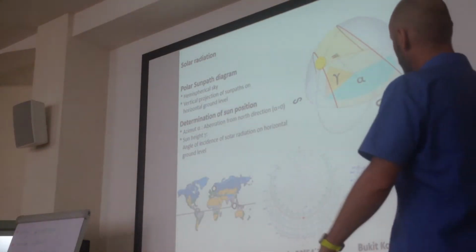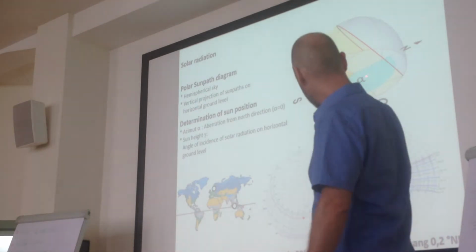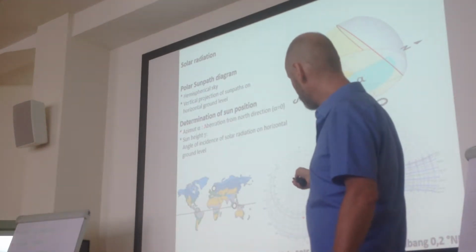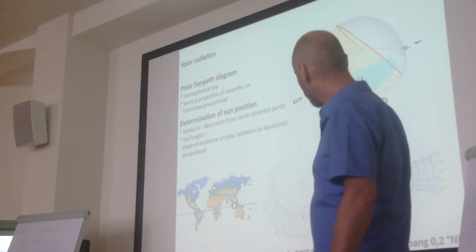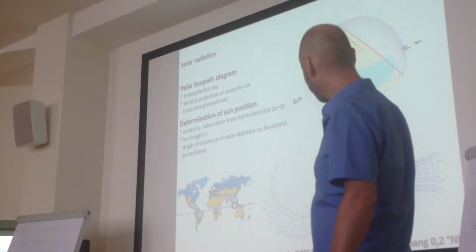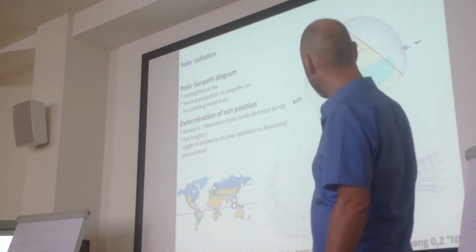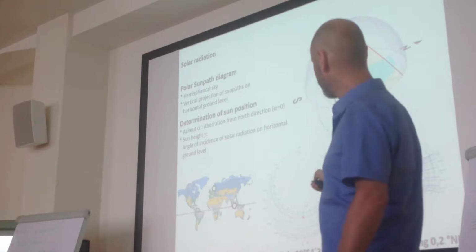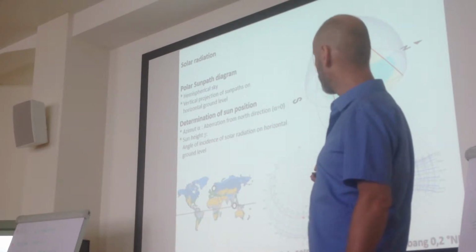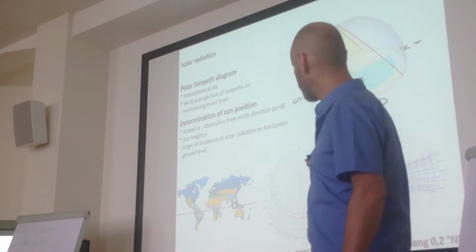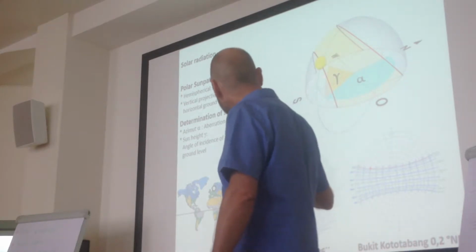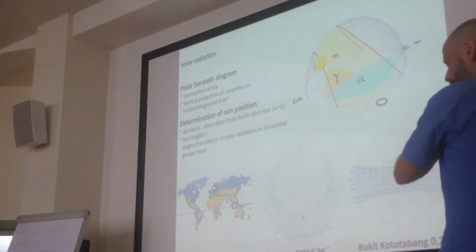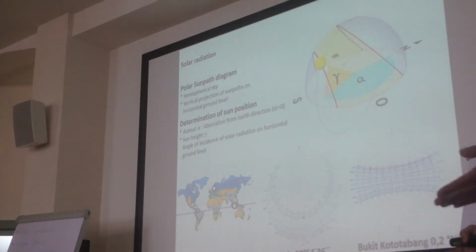By the definition of two angles, the angle alpha, the so-called azimuth angle, the aberration from the north direction, and the second angle, gamma, the so-called sun height, the angle of incidence of solar radiation on a horizontal to ground level, you can define every position of the sun for every place in every season.